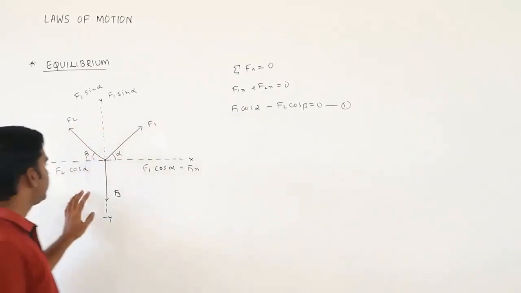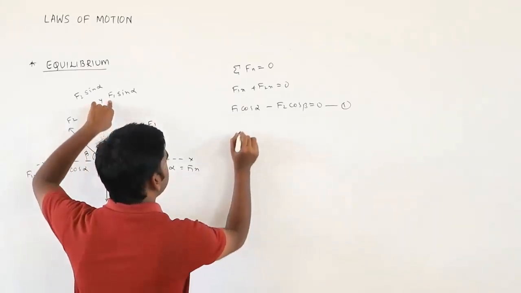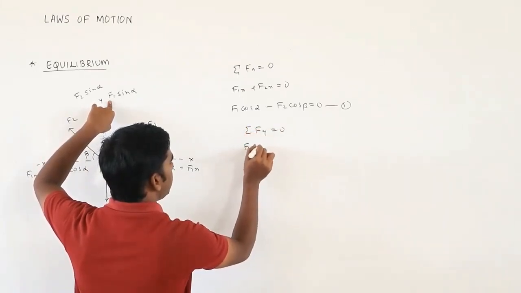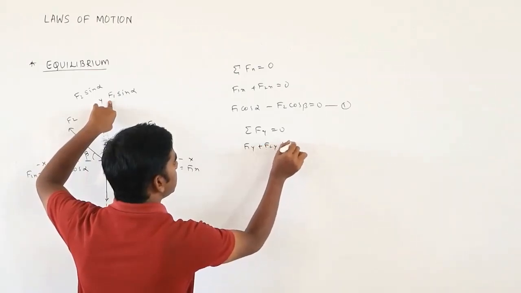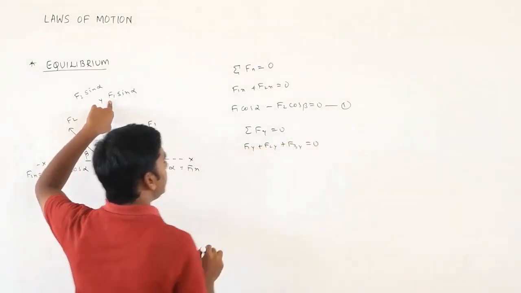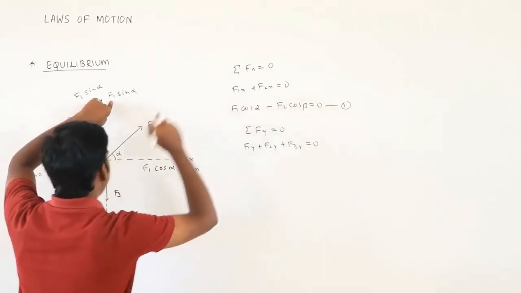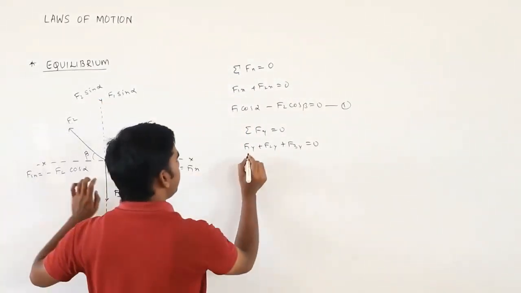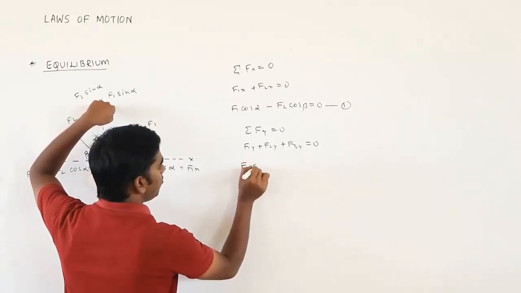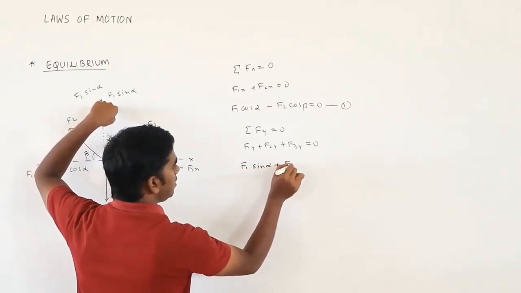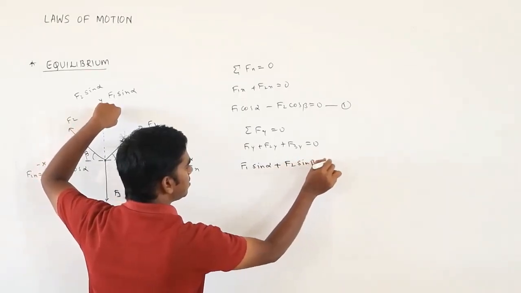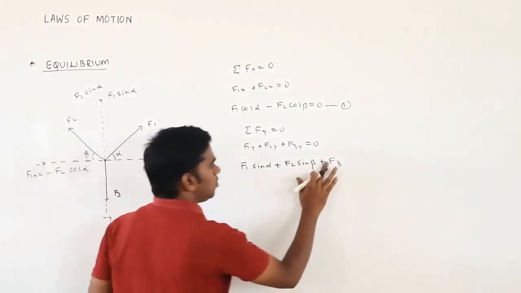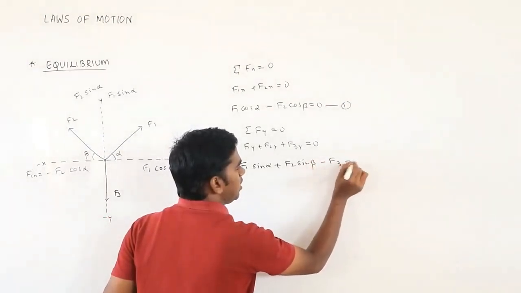Similarly, y components. So this is the sum of Fy equals 0. That means F1y plus F2y plus F3y equals 0. Then you may ask me why you are not taking F3 in the x equation, because there is no x component of F3. Okay, so F1y is F1 sin alpha plus F2 sin beta plus F3, but F3 is along the negative y-axis, so you have to take F3 as negative, equals 0.